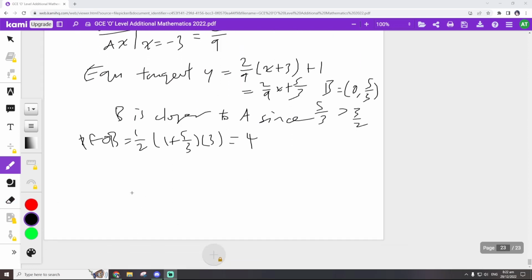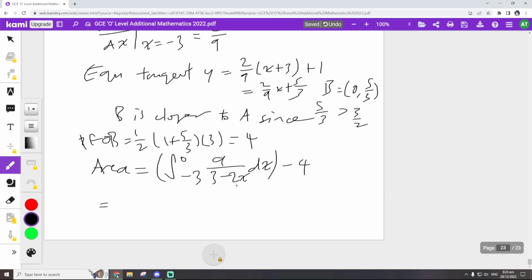So the area equals the integral from negative 3 to 0 of the curve 9 over 3 minus 2x dx, then subtract the 4 from the trapezium. So take out the 9. Now when I integrate, I need to divide by 2 and put the negative outside, so I'll get 9 over 2 outside, we'll have the ln modulus of 3 minus 2x, from negative 3 to 0, then minus 4.